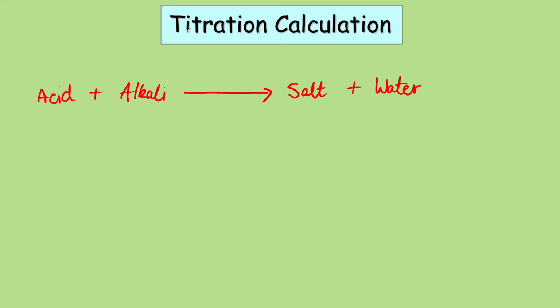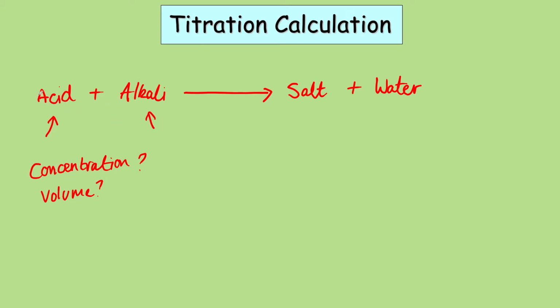Okay, and what we are doing with titration calculations is we are normally trying to figure something out about either the acid or the alkali here. We can either figure out its concentration, or we could figure out its volume, and they are usually the two things we'll be looking for.